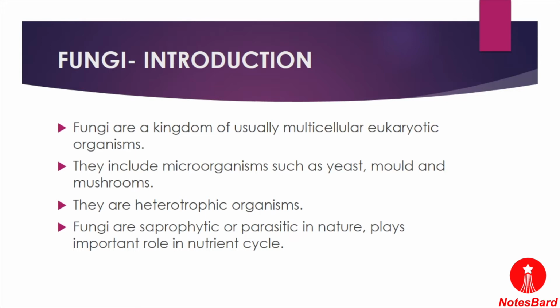Fungi include microorganisms like yeast, molds and mushrooms, from which several are microscopic organisms that cannot be seen by naked eyes, but there are organisms like mushrooms which can be seen by naked eyes and are essential for the food industry, which are edible in nature.